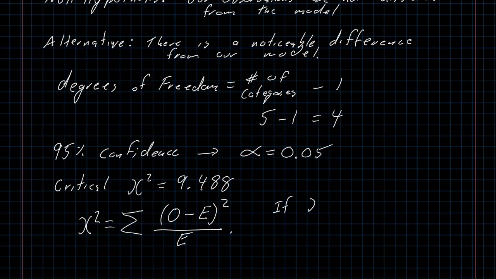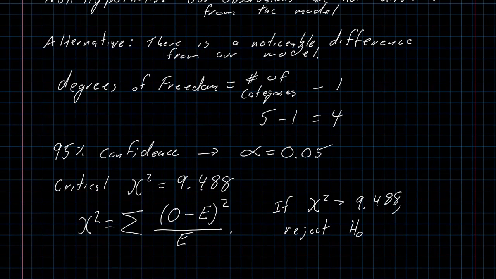If this value of chi-squared is greater than or equal to our critical value, which in this case is 9.488, we will reject the null hypothesis. If chi-squared is less than 9.488, we'll accept the null hypothesis.